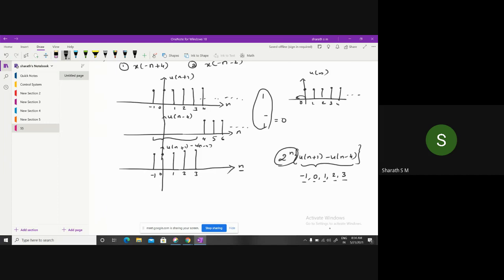Whenever n is minus 1, that is 1 by 2. When n is 0, 2 power 0 is 1. When n is 1, 2 power 1 is 2. When n is 2, 2 power 2 is 4. When n is 3, 2 power 3 is 8. So these are the amplitude levels at minus 1, 0, 1, 2, 3. Now we need to write down those amplitude levels here.